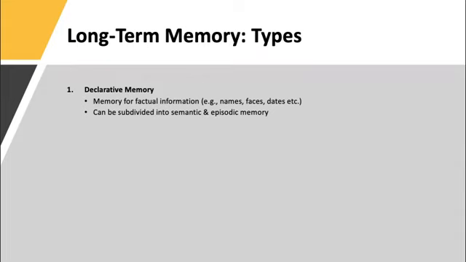Now, there are two types of long-term memory. We have declarative memory and procedural or non-declarative memory. So declarative memory refers to factual information. So this refers to names, faces, dates, facts, and so on.